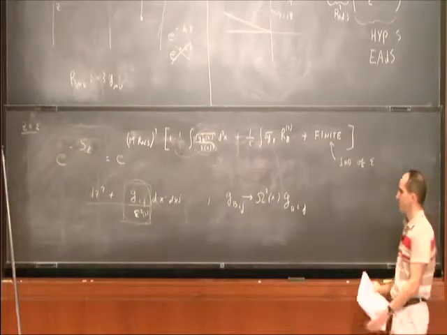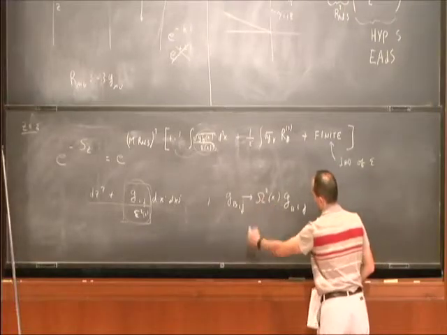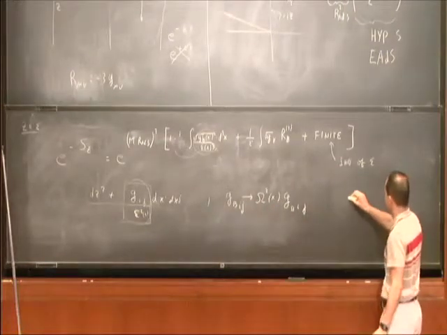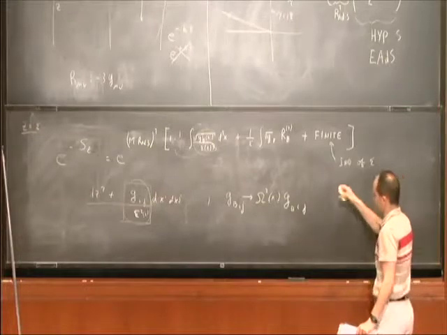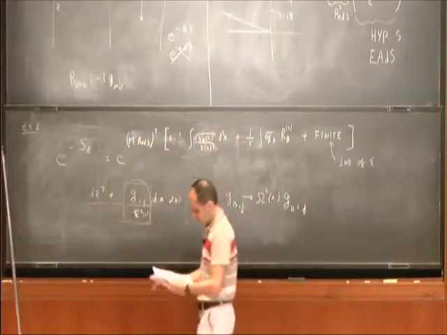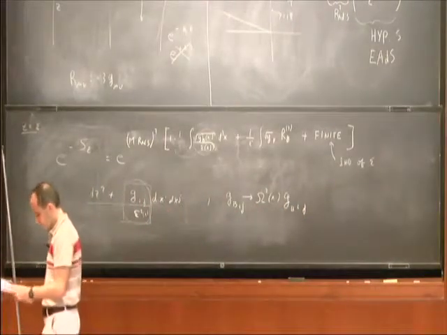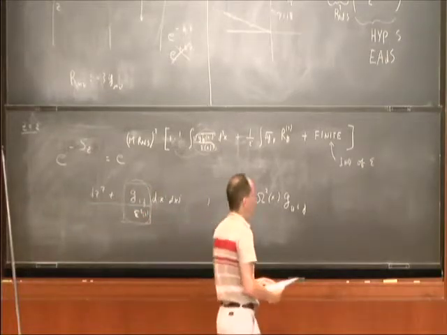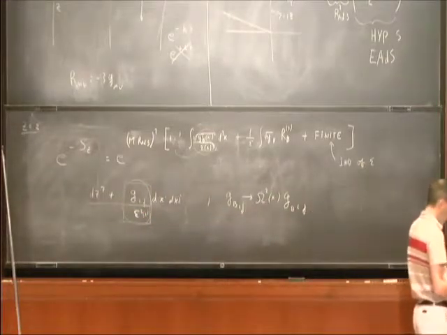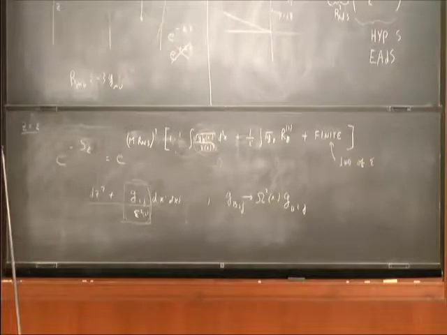This is the type of transformation that changes distances but preserves angles.